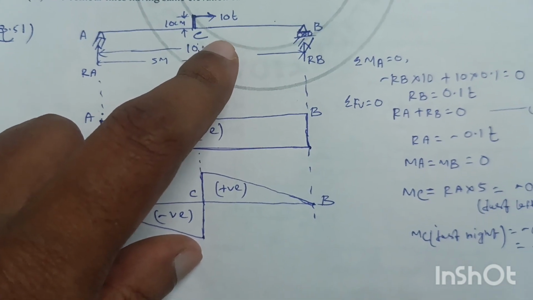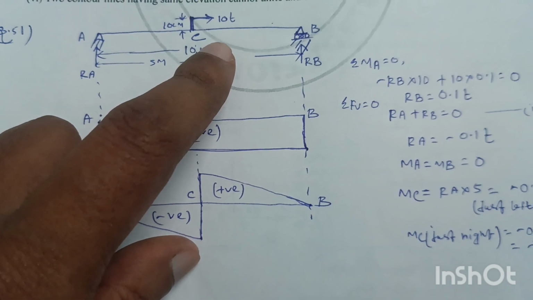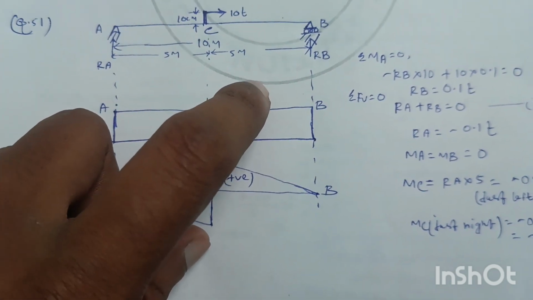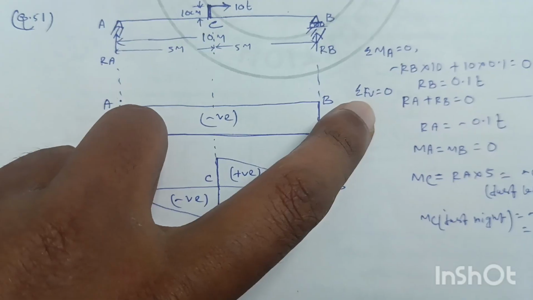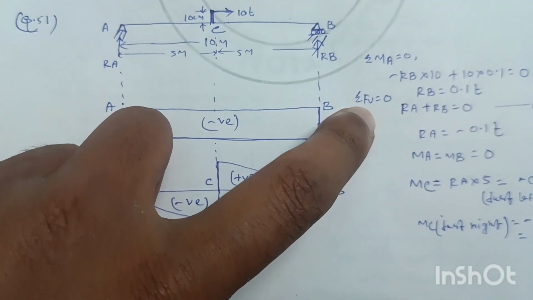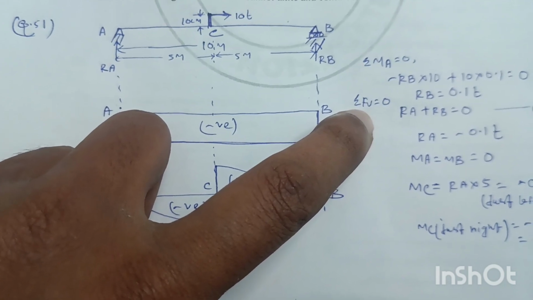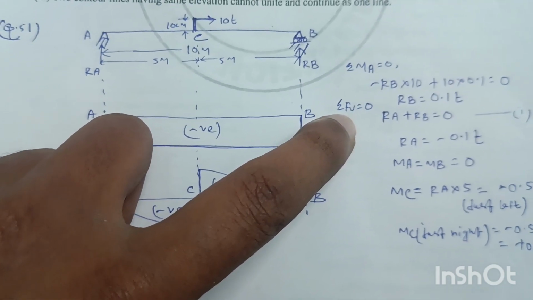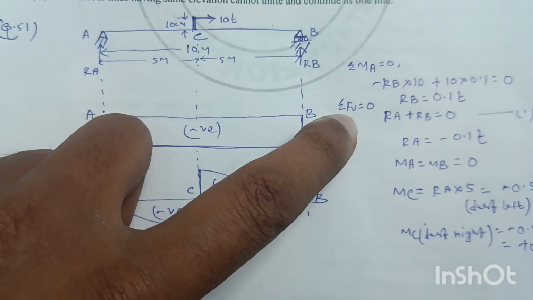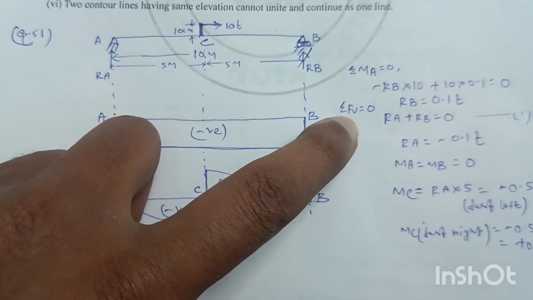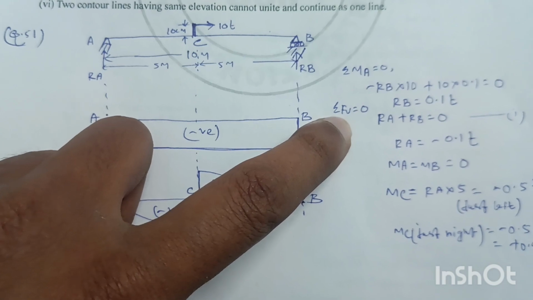If we calculate, we get RB equal to 0.1 ton. We also know that by equilibrium all the forces in the vertical direction are equal to 0, so RA plus RB equals 0. If RB is 0.1 ton, then RA will be minus 0.1 ton.